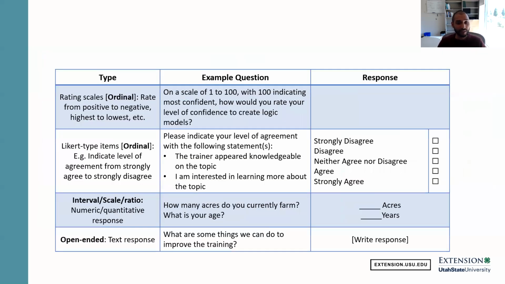So this table provides some examples of ordinal and interval variables. Notice for ordinal variables, the option can have a quantitative assignment. So for example, in row 1, if participant B rates the confidence to create a logic model as 100 and participant C rates the confidence as 50, then we know that participant B has greater confidence in the ability compared to participant C. But this is only a rating.